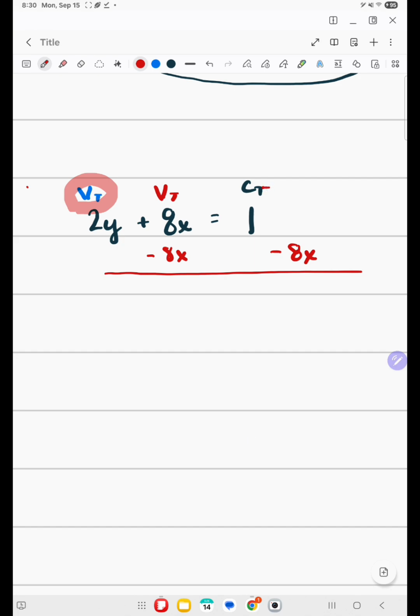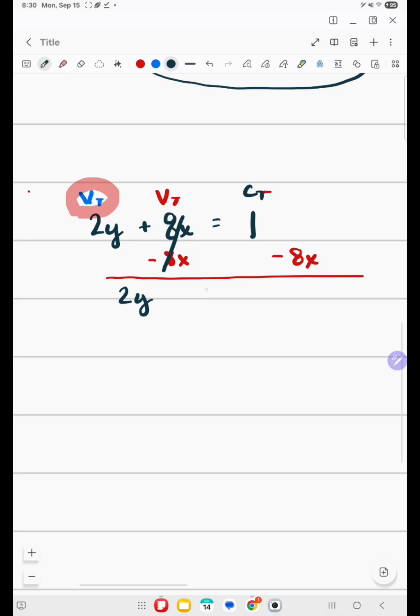So let's do the problem. Next step, 2y comes down. The 8x is canceled because we moved it. The equal sign comes down. These are not like terms, so we can't put them together, we just line them up. The x term goes first, so negative 8x, and 1 comes down. But because that's a positive 1, we say plus.